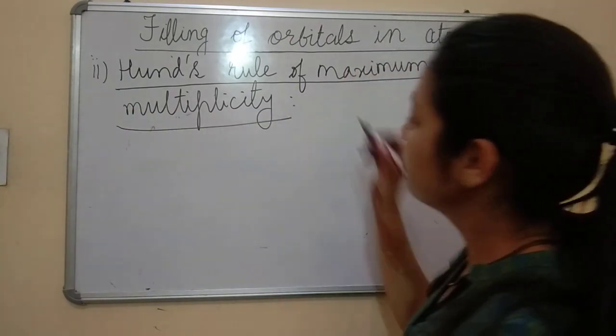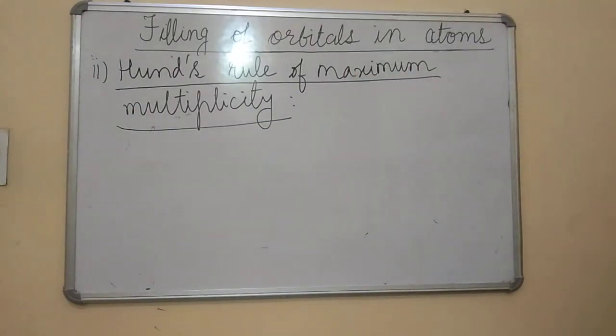Hund's rule of maximum multiplicity. So what does it state?